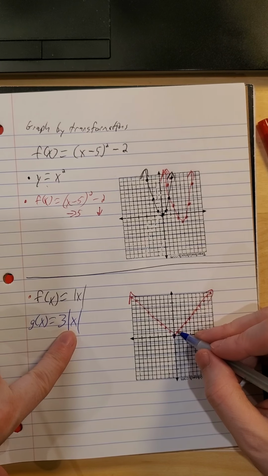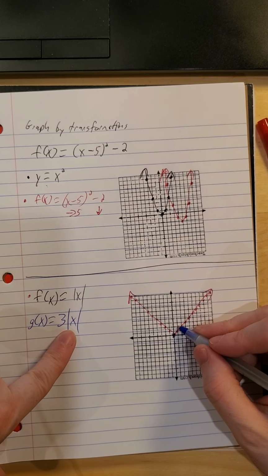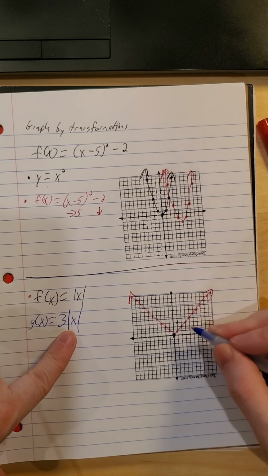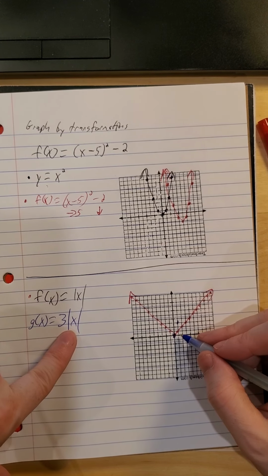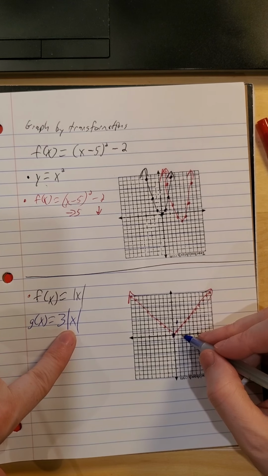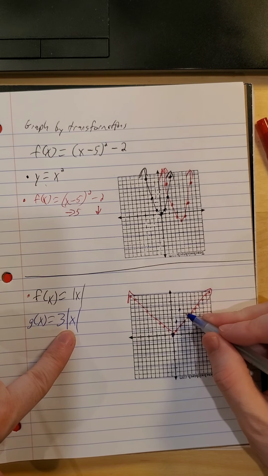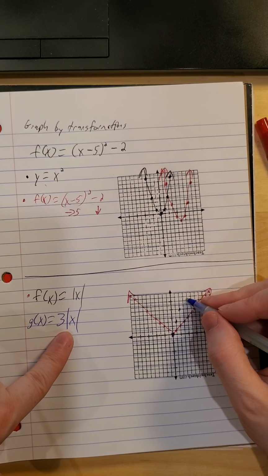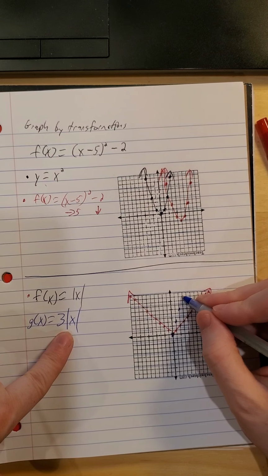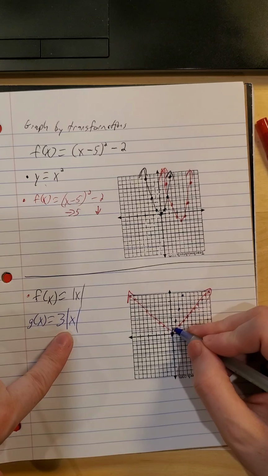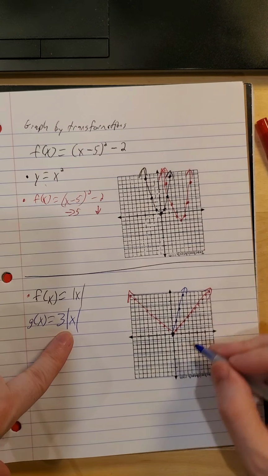Absolute value of 1 is 1, but 1 times 3 is 3. Absolute value of 2 is 2. 2 times 3 is 6. Absolute value of 3 is 3. 3 times 3 is 9. And after that, we're clearly going to be off the grid going that way.